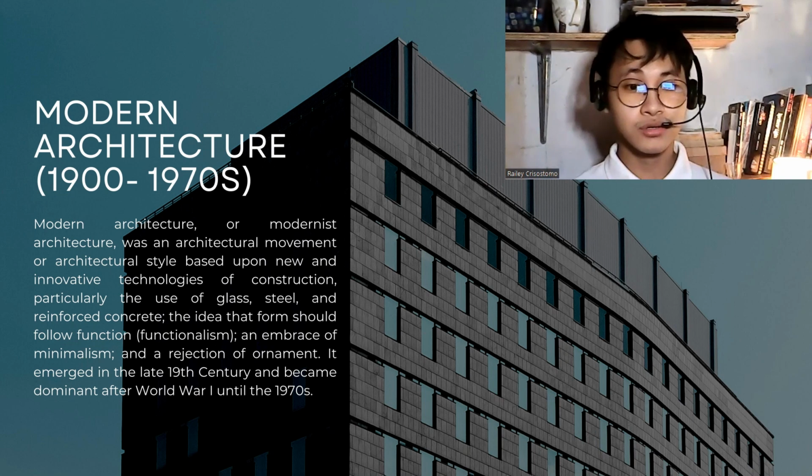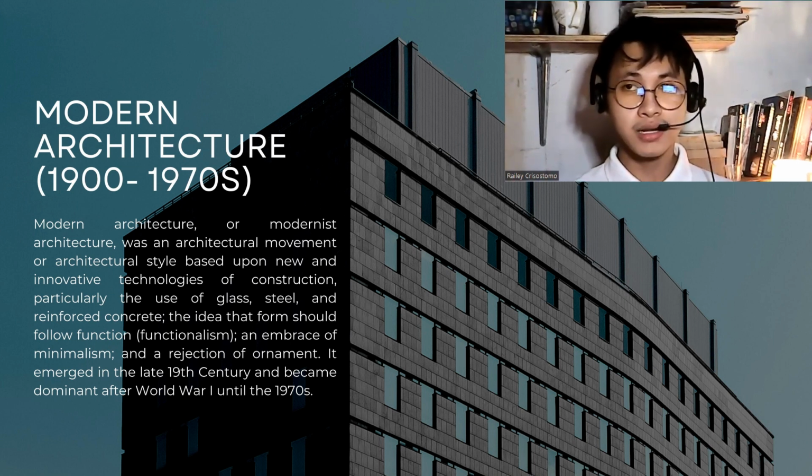And modern architecture or modernist architecture was an architectural movement or style based upon new and innovative technologies of construction, particularly mas prominent na yung use of glass, steel, and reinforced concrete.